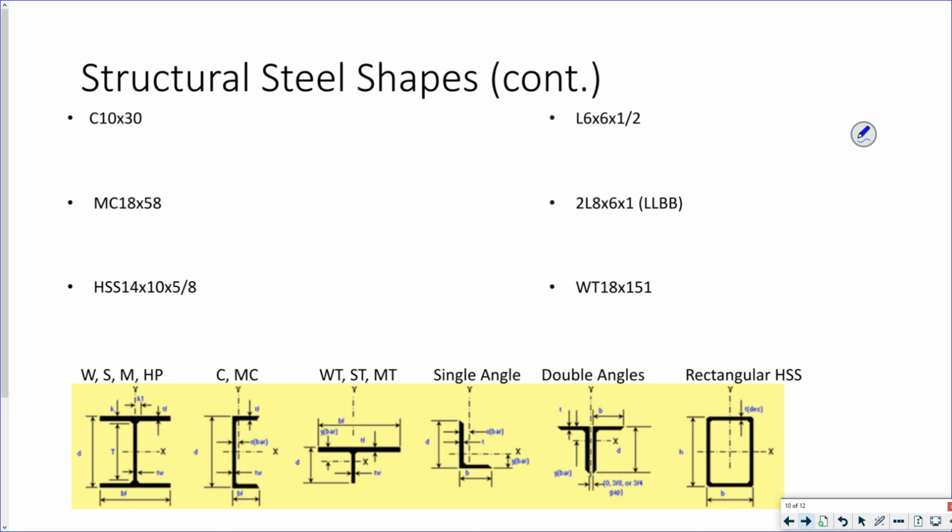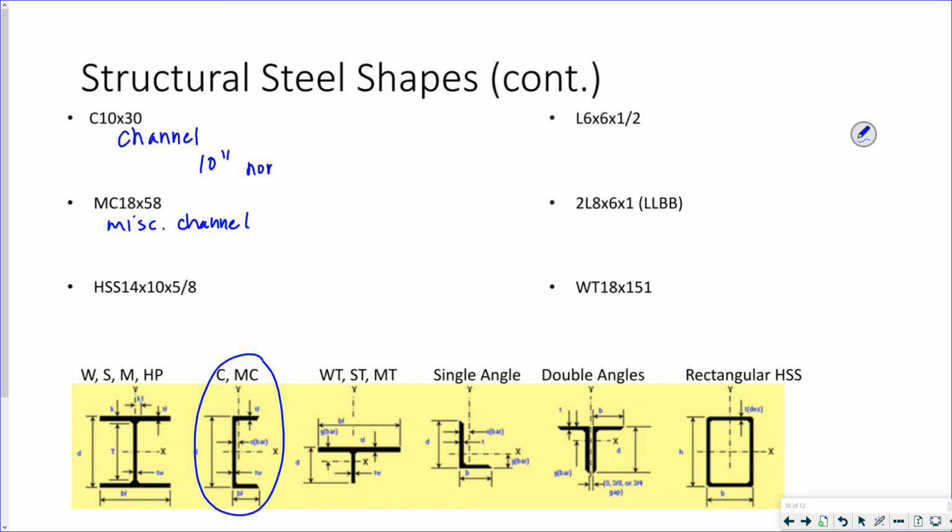Now if I look at my next one, I have my channel. That's C for channel, or miscellaneous channel. Both of those follow the same designation as the H or I beams, W shapes, all those, right? 10 inches nominal depth by 30 pounds per foot.